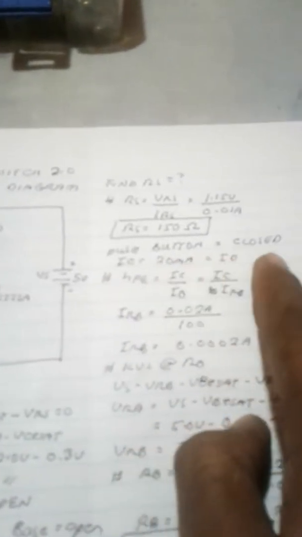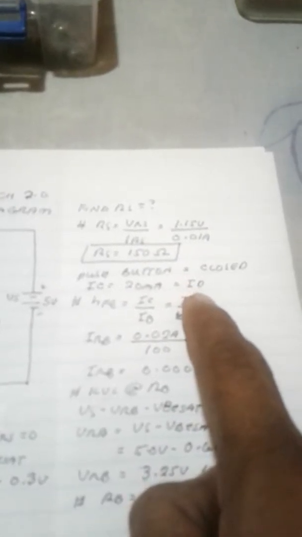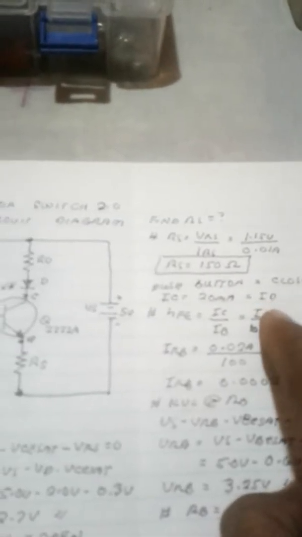So the push button is now closed. During the state of logic 1, or closing the push button, the transistor will now conduct. The collector current is now 20 milliampere, which is also equal to the forward current of an LED. We need to saturate that transistor.